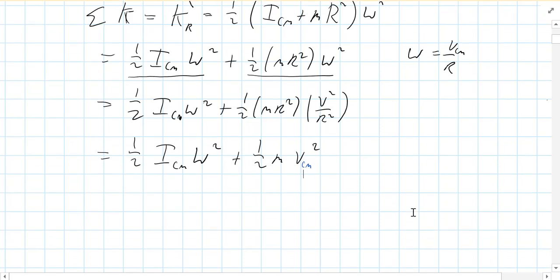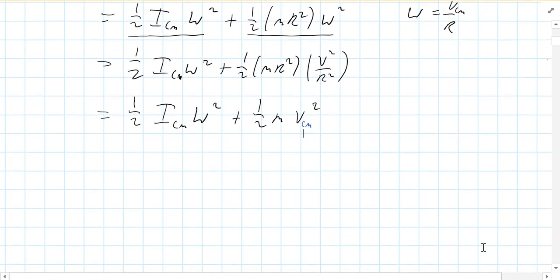All right, so what is this telling us? This is telling us that another way to figure out the total kinetic energy of that rolling wheel is to add up its kinetic energy of rotation about its center of mass and its kinetic energy, we call this translational, the first kinetic energy you guys learned, 1/2 mv squared.